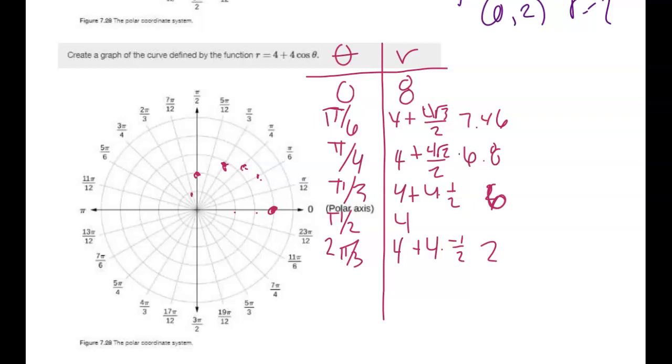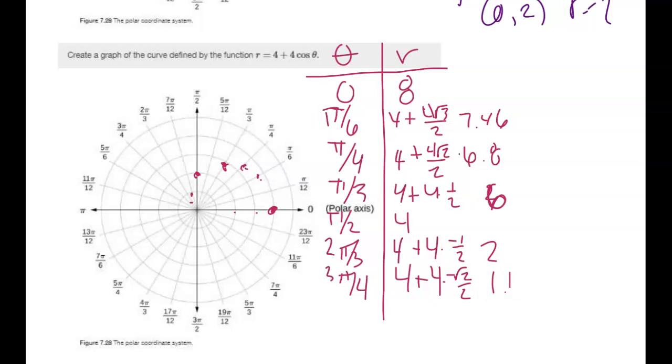And then at 3 pi over 4, I'm at 4 plus 4 times negative root 2 over 2. Let's see, what is that? It's like 1.17.